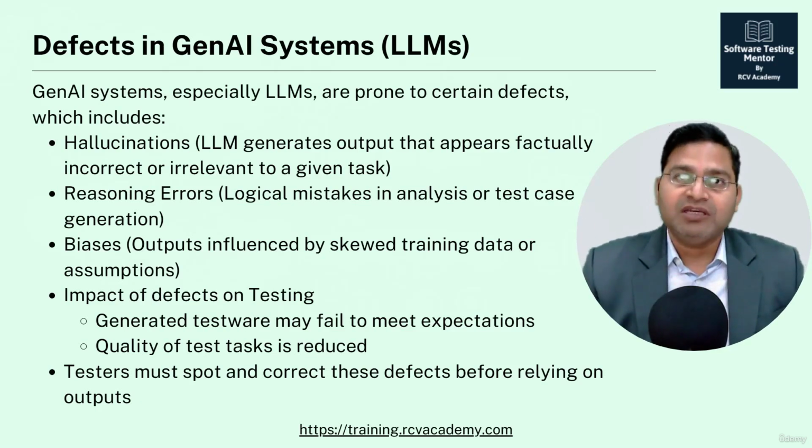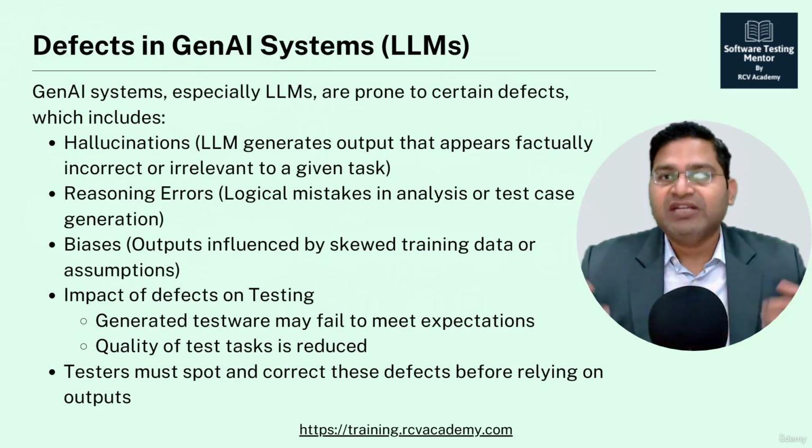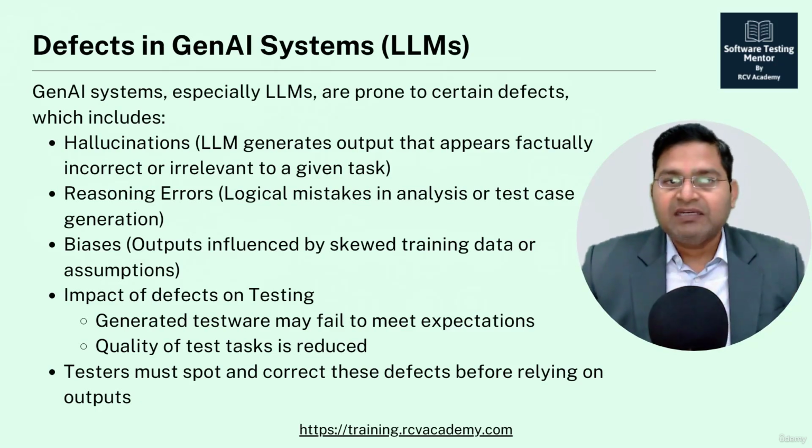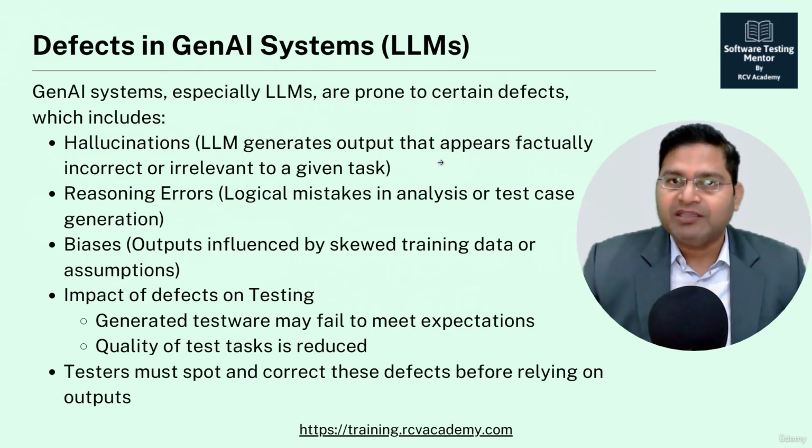But the LLM generates test cases which are generic for the login scenario, whatever it has learned from the training data. So hallucination is about factually incorrect or irrelevant answers being provided by the LLM.